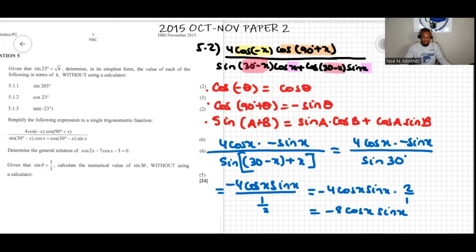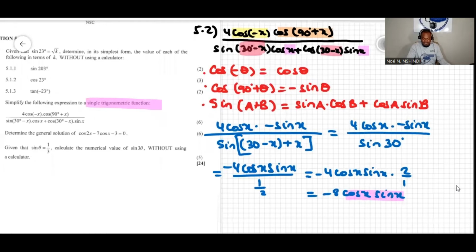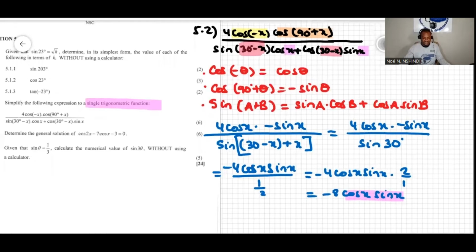But the question says to a single trigonometric function, and here we have two functions, cos and sine. What else can we do then? Well, there's another formula which was not mentioned earlier: sine of 2 theta is equivalent to 2 sine theta cos theta.